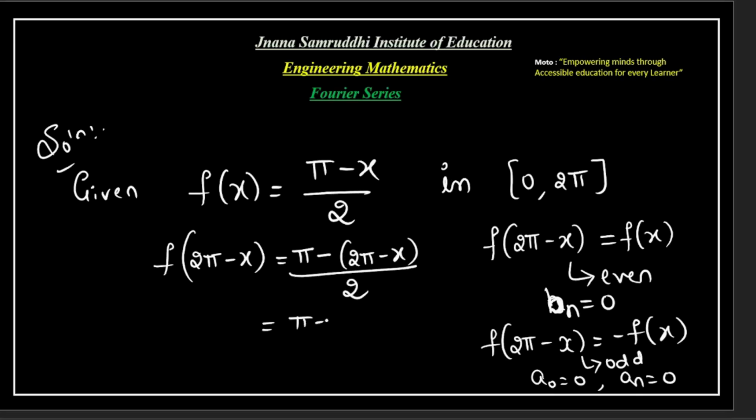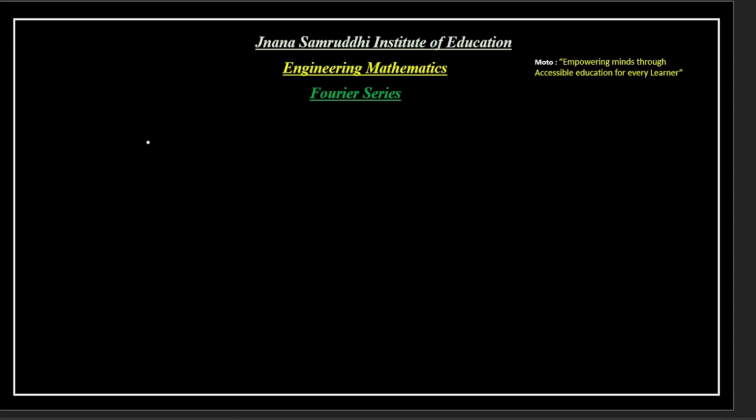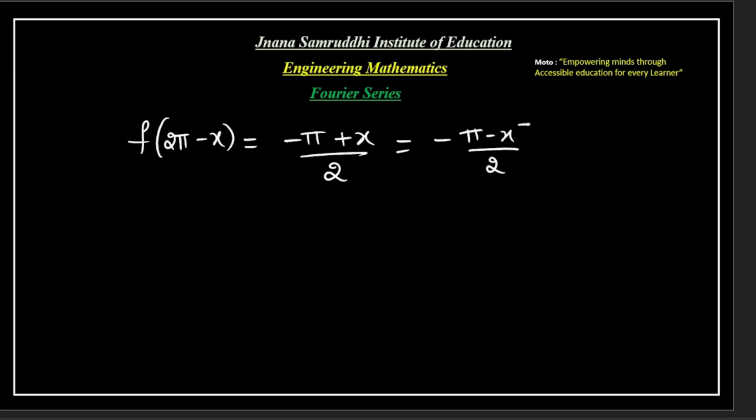That is pi minus 2 pi plus x divided by 2. So f of 2 pi minus x is minus pi plus x divided by 2. If we take minus common, then it is minus of pi minus x by 2, which is equal to minus f of x.